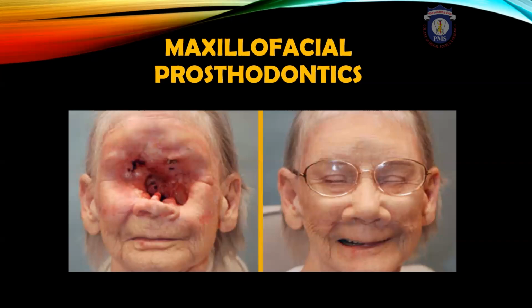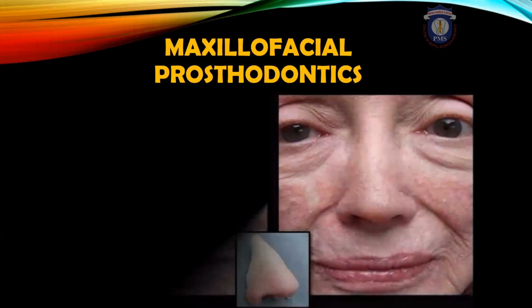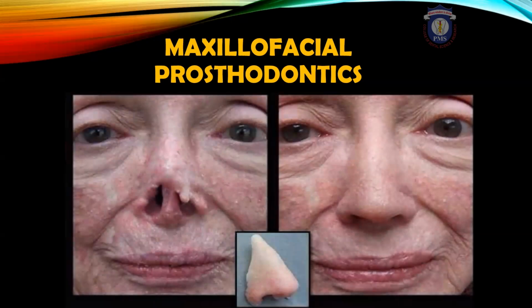So what we can give is the natural look by silicone prosthesis. In the next slide, you can see part of the nose made by silicone. This has also happened because of some accident. You can see the silicone prosthesis placed over the nose, and it gives a natural look.